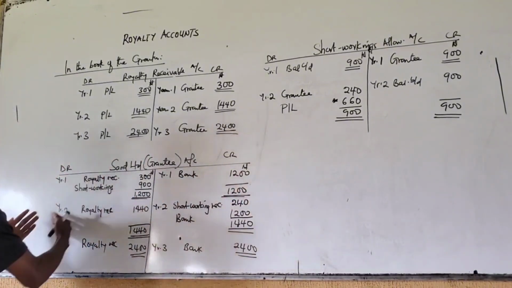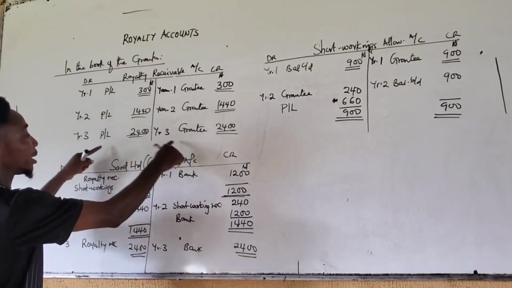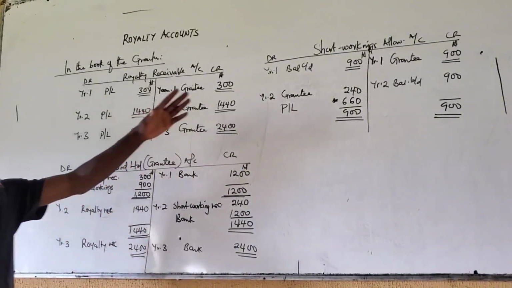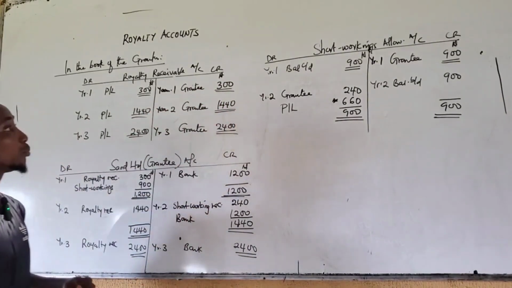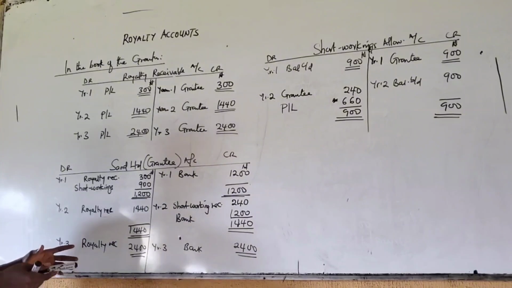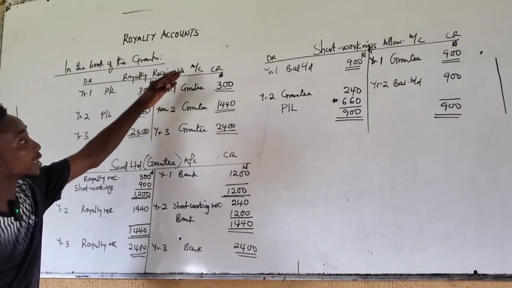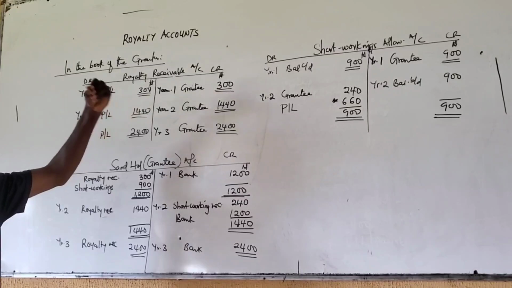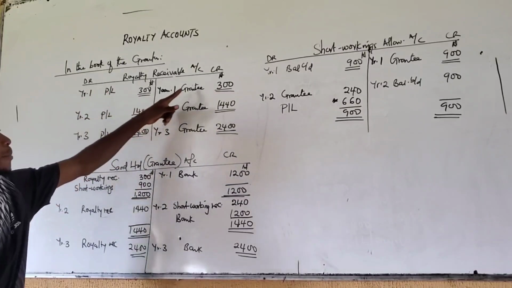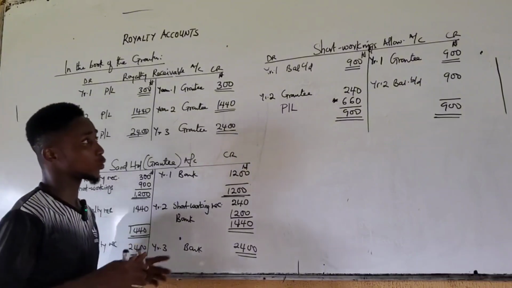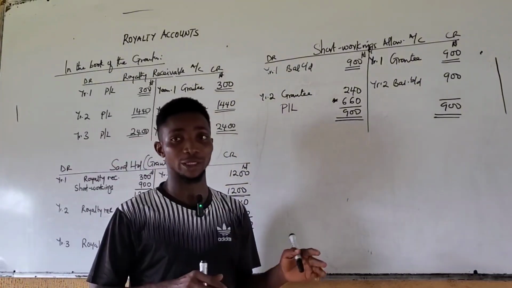Everything here to this side, everything here to this side, particular here will be the grantor. And same thing, the opposite side. So in the book of the tenant, it is still the same treatment. There's no new entry. Since this is receivable in the grantor's account, it becomes payable in the tenant's account, so the opposite side, then particular will be grantor, and that's it. So this will be part 1 for this royalty account.